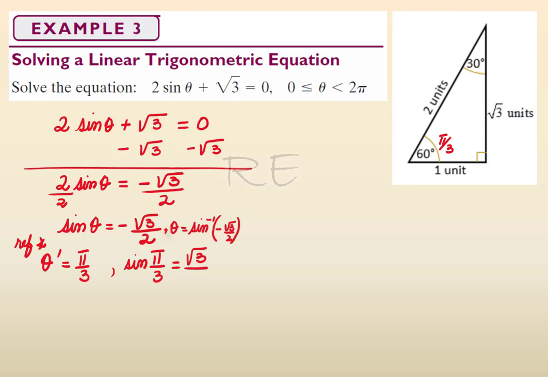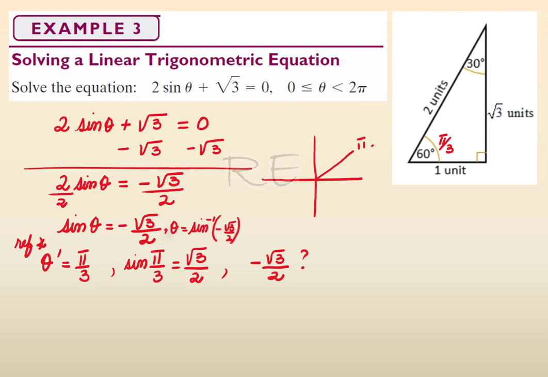Now, we are looking for an arc whose sine is negative square root of 3 over 2. Therefore, we're going to use the reference angle in order to find the quadrant in which sine is negative.